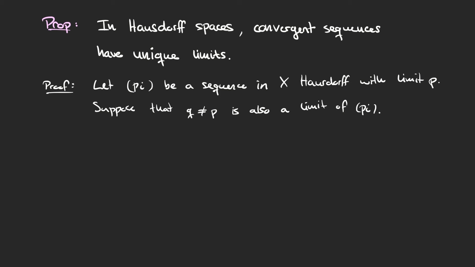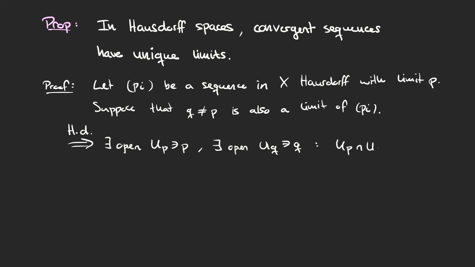Now, because P and Q are distinct points, we can apply the fact that X is Hausdorff to obtain some open set U_P that contains P and some open set U_Q that contains Q, and these two open sets, U_P and U_Q, are going to be disjoint.